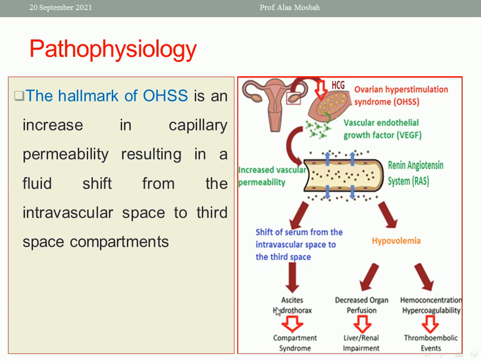On the other side, when the fluid shifts from intravascular to extravascular, there is hypovolemia, and this hypovolemia will cause hypotension and decreased organ perfusion, especially of the kidneys and the liver. So there is renal impairment in ovarian hyperstimulation syndrome, and also hepatic involvement with elevated liver enzymes.